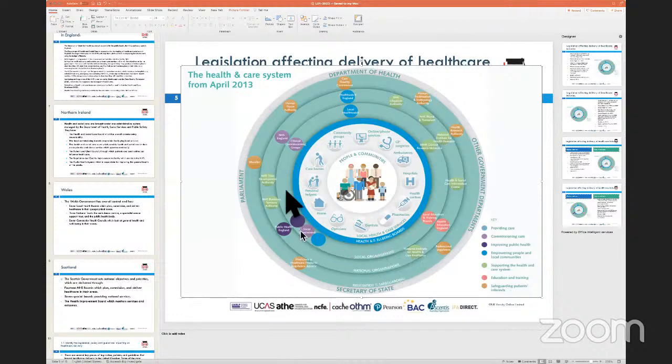And that is where the formation of what are called clinical commissioning groups, CCGs, came in, made up of doctors, nurses, and other healthcare professionals, who were made responsible for buying healthcare services to meet patient needs. That means the budgeting side of things is within the hands of the CCGs, and they decide how these budgets are to be put into practice for the purposes of making them available to the members of the public.